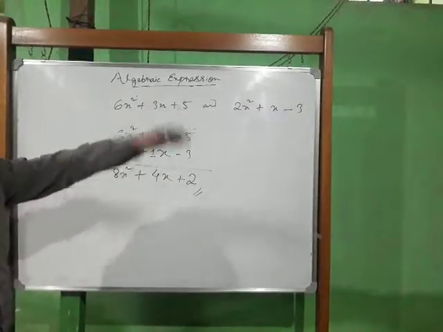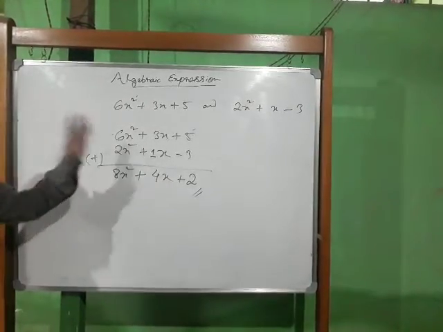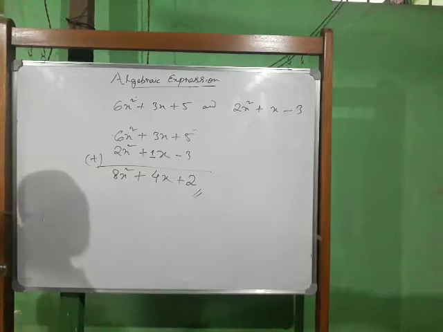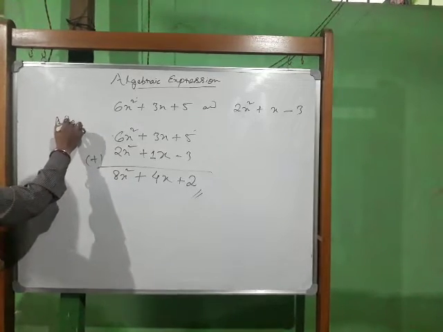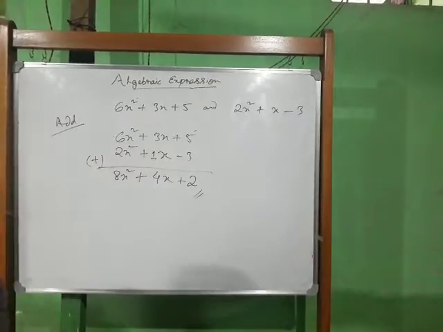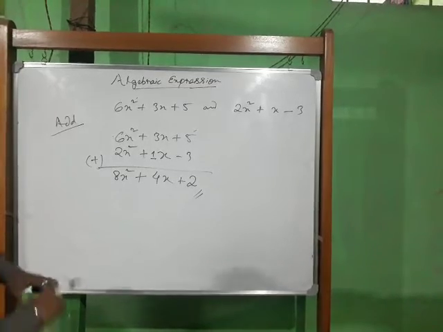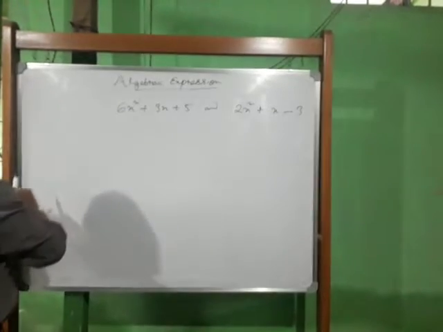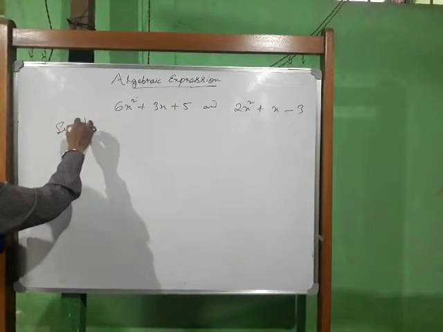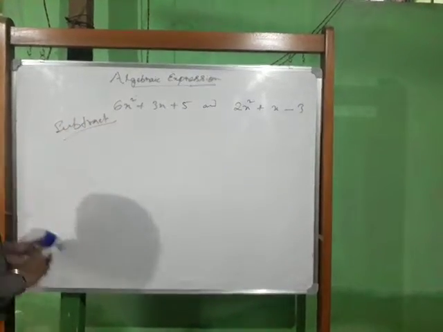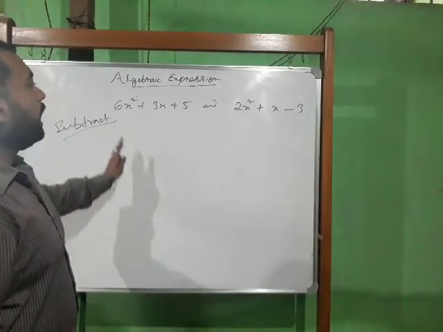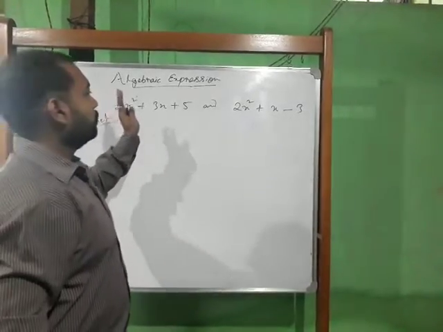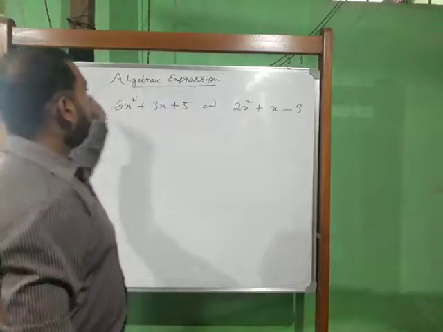If we go for subtraction, how can we do it? This is all about addition. Now how to subtract? Let me show. Sometimes you will get a question like this: subtract this from this.